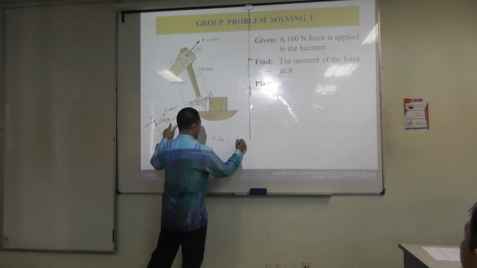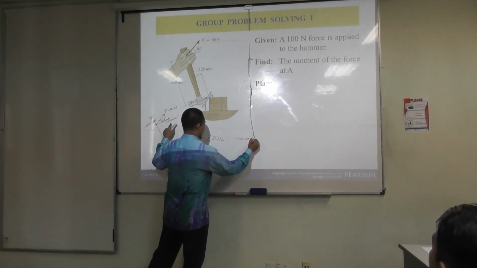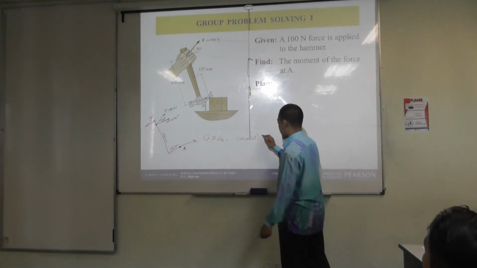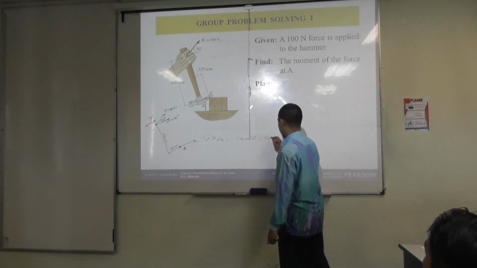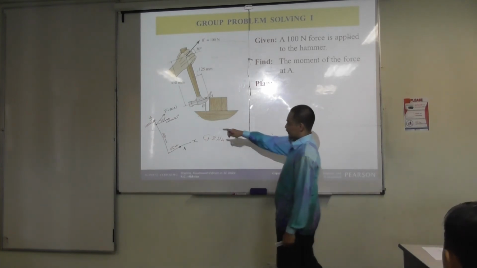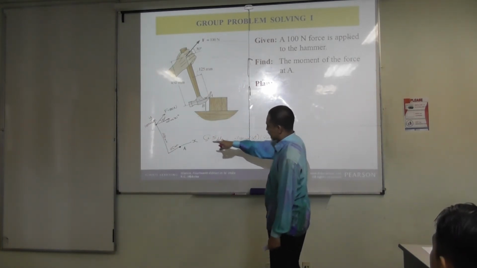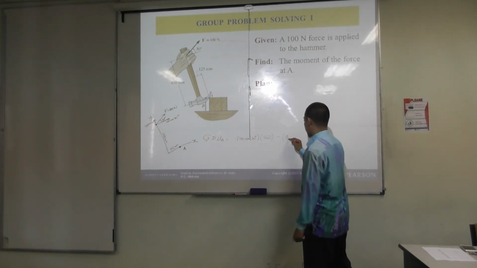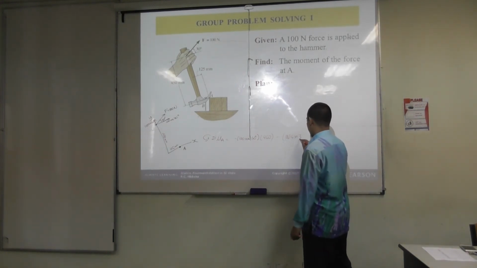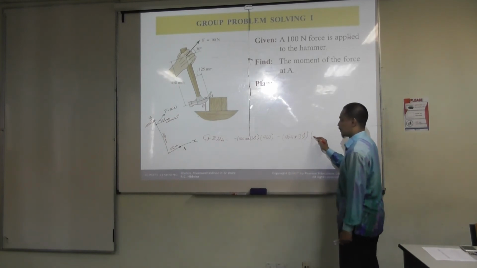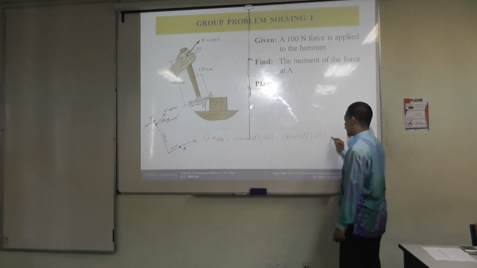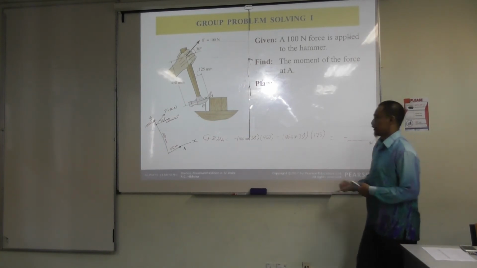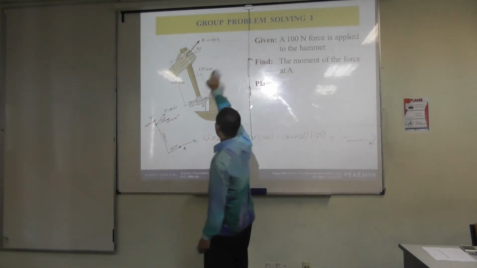Negative. Negative 100 cos 30 times 450. And for that 100 sin 30, is it positive or negative? Negative. So 100 sin 30 times 125 mm. Obviously we get negative something, which means it's clockwise. And obviously from here you should know it's clockwise also, right?